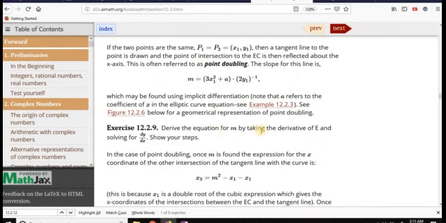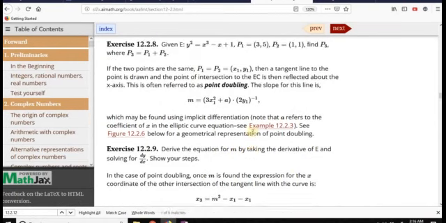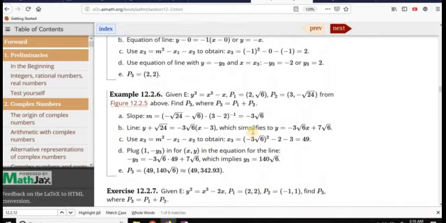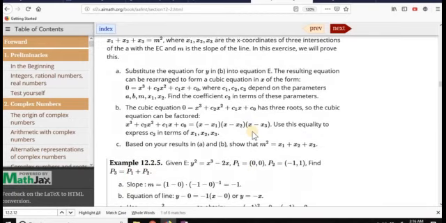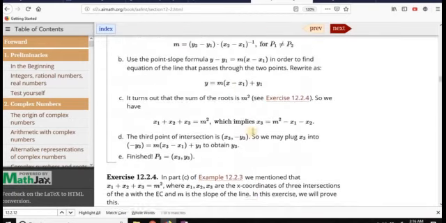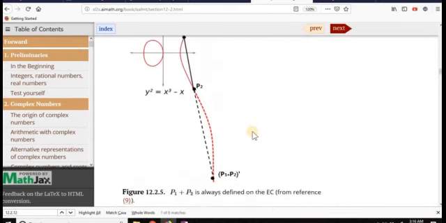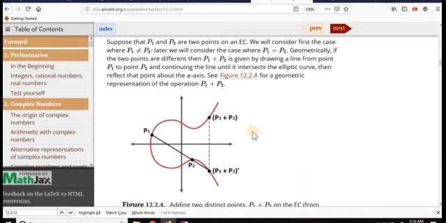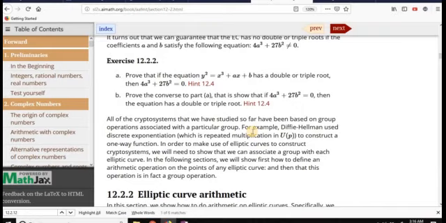Yes, m is the derivative. Let's see where e is. Well, e is the expression where you put everything on one side, and you're looking for the roots, e equals 0.